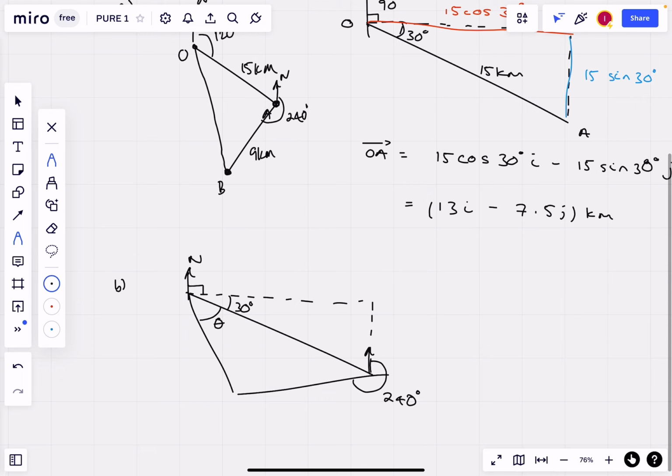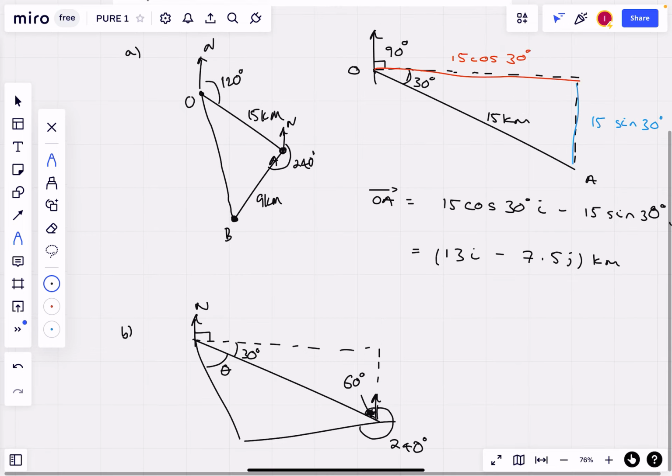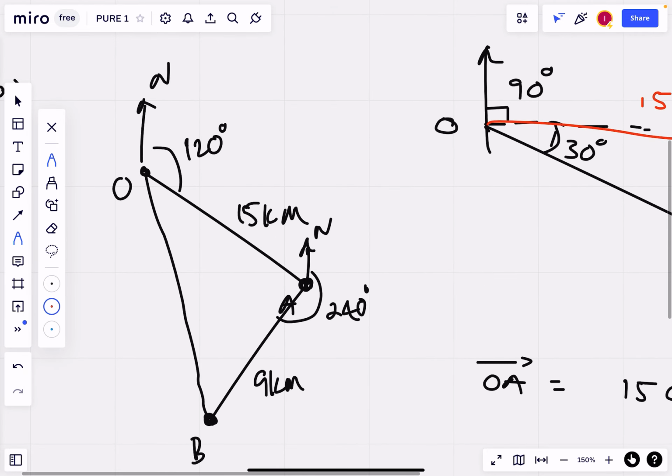Do we know what this shaded angle here is? What would that be? 60. Because if you have a look at this diagram, do you remember the F stuff in GCSEs?